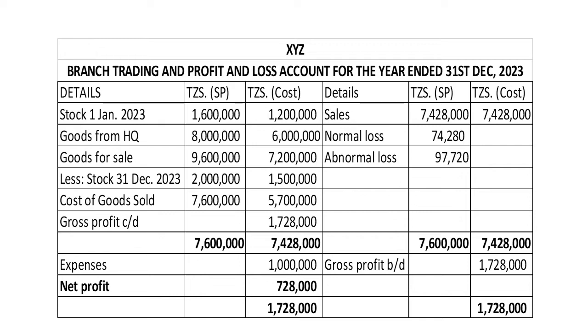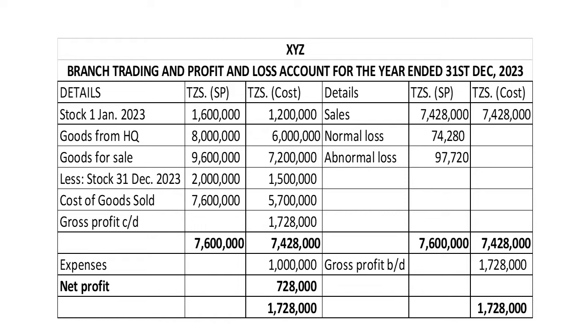The column for selling price indicates if there is a deficiency, then this column will show the difference. The other column, which is for cost, will give us whether we make a profit or loss through this branch.